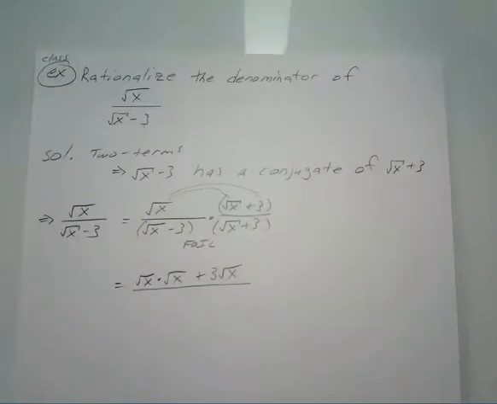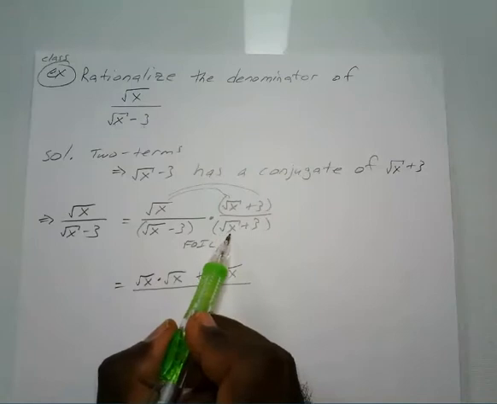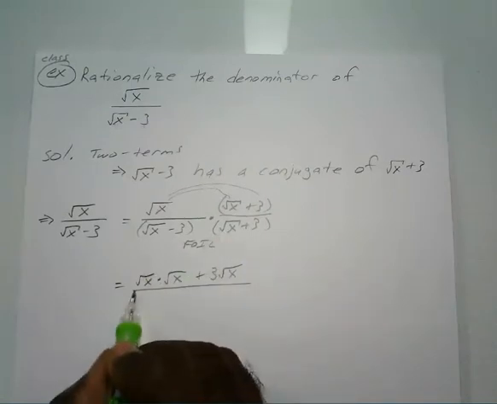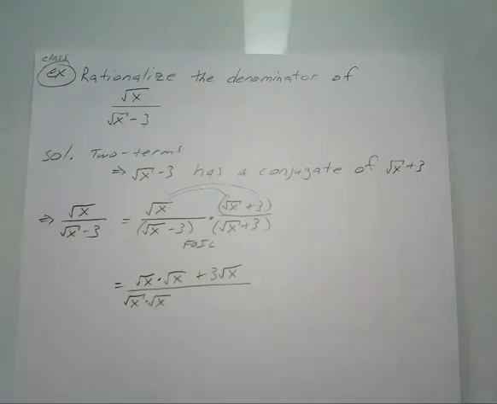Okay, so we went ahead and we distributed the square root of x in our numerator. So now in our denominator, we go ahead and use the FOIL method. So we have square root of x times square root of x for our first. Square root of x times square root of x.